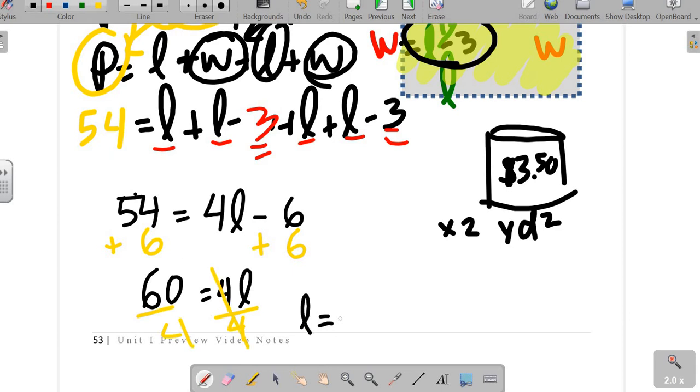Our length is 15. Our width is 3 feet less, so our width is 12. Okay, so now we have our dimensions.